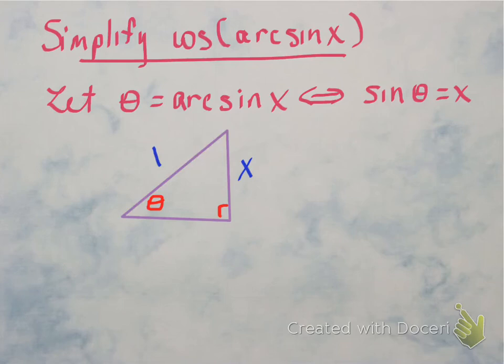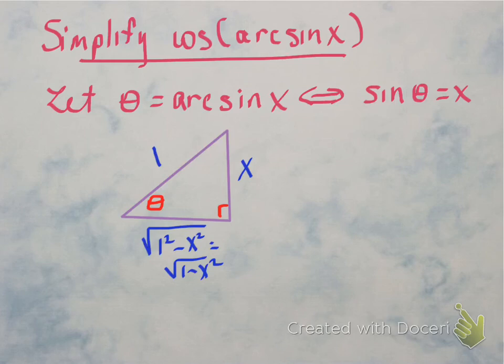Okay? So now I can use the Pythagorean theorem to label my third side of this triangle. Namely, it's the square root of the hypotenuse squared minus my other side squared. So the square root of 1 squared minus x squared, which simplifies to the square root of 1 minus x squared. Okay, so I've labeled three sides of the triangle.